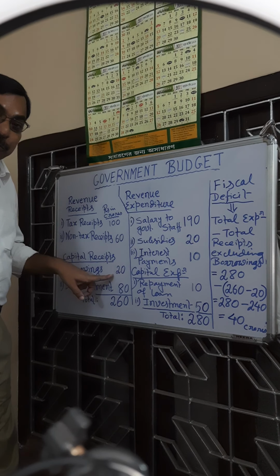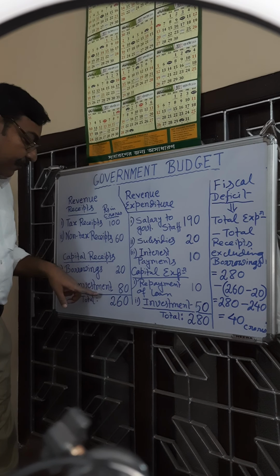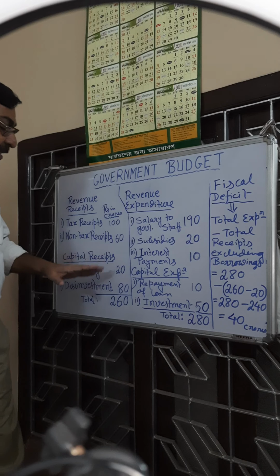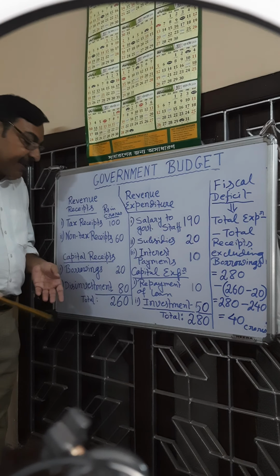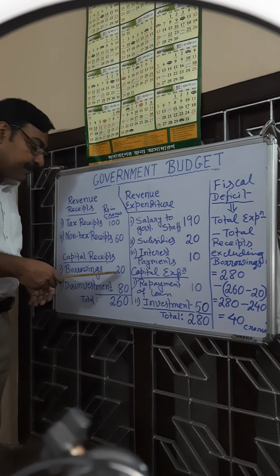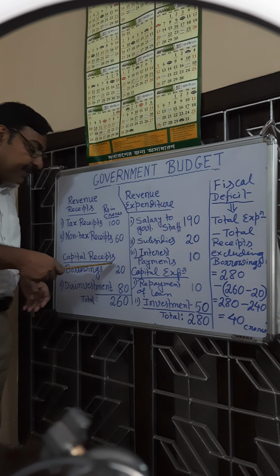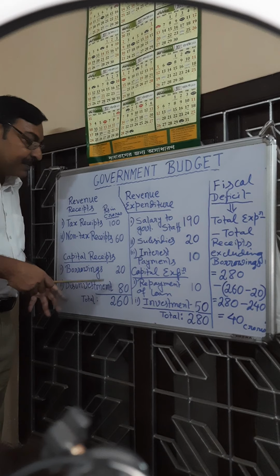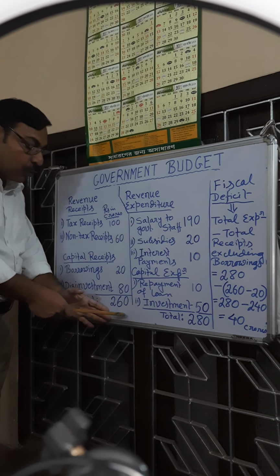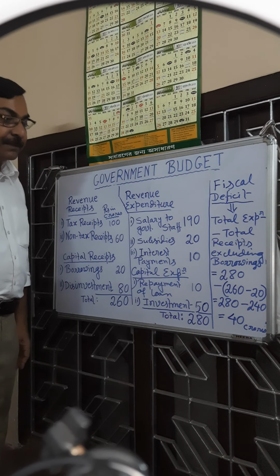Liability increases due to borrowing, and assets fall because of disinvestment. Because these receipts affect government asset liability conditions, they are within capital receipts. Taking into account both revenue receipts and capital receipts, total receipts are 260.